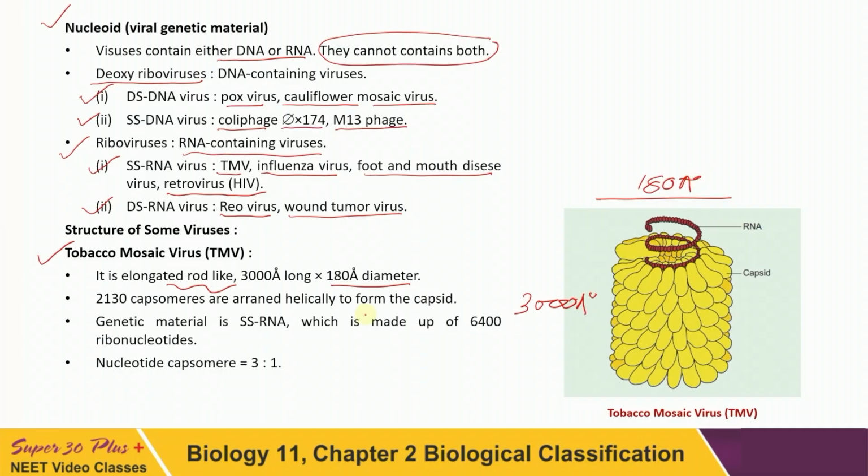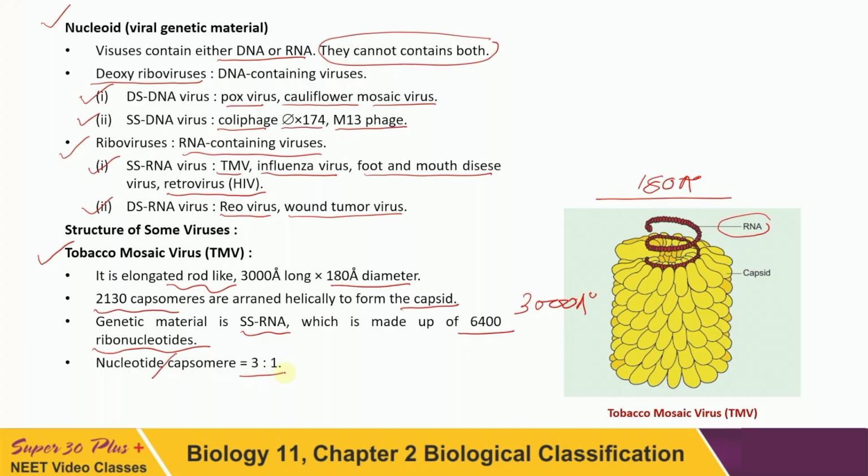It is made up of protein, the outermost capsid, and the number of capsomeres in the capsid is 2130. The genetic material is single-stranded RNA, surrounded by the protein coat, made up of 6400 nucleotides. Therefore, the ratio of nucleotides to capsomeres is 3:1.